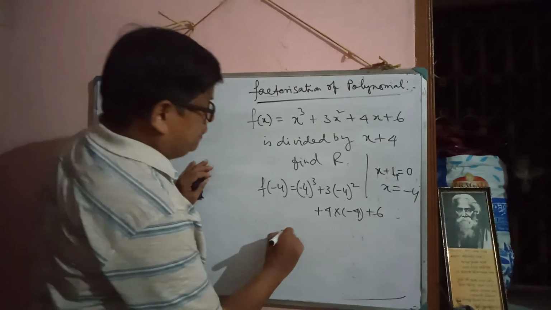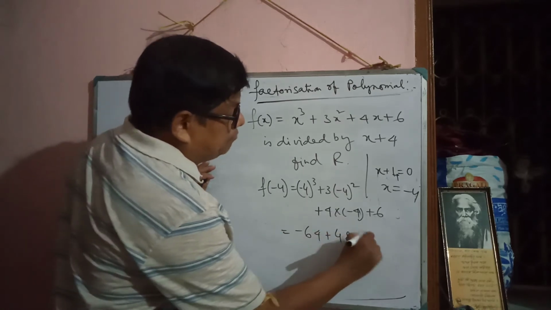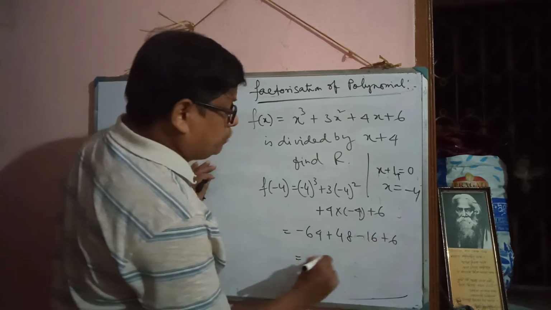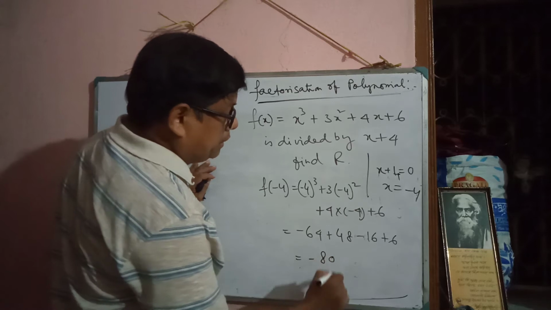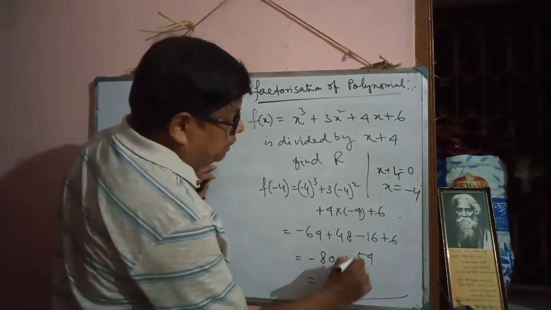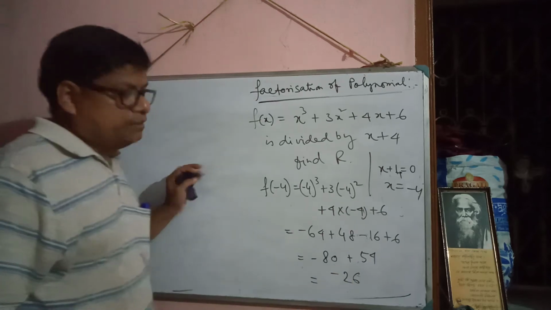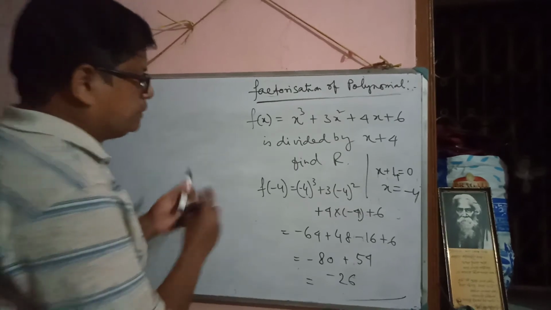Then minus 64 plus 48 minus 16 plus 6, so minus 80 plus 54, that is minus 26. So this is the remainder. This is the process.